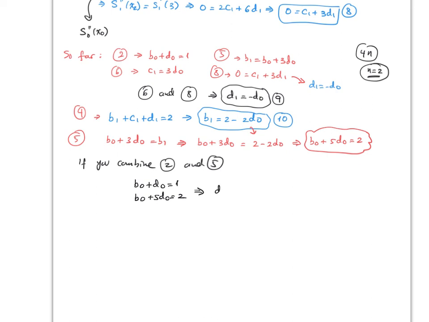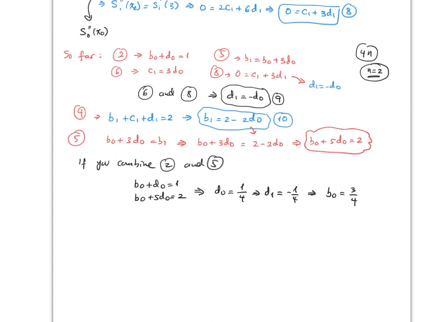You should stop the video and check this. d0 equals 1/4, d1 equals negative 1/4. So therefore this implies that b0 equals 3/4. Why? Because b0 is 1 minus d0.